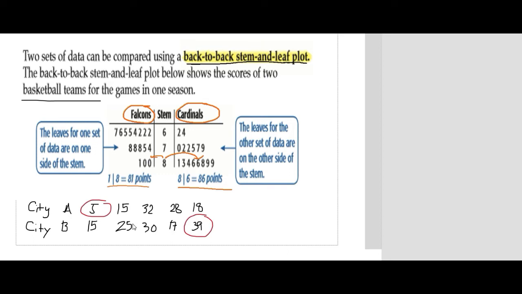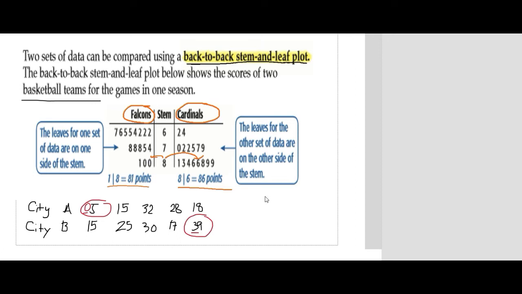Same as what we have been doing, we identify the highest place value. 39's highest place value is the tens place, while 5's highest place value is the ones place. So we add a placeholder, which is a 0, so its tens place is already a 0 right here.